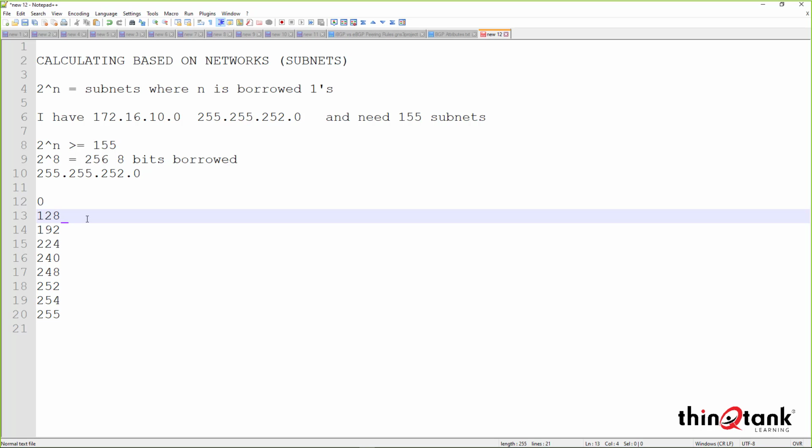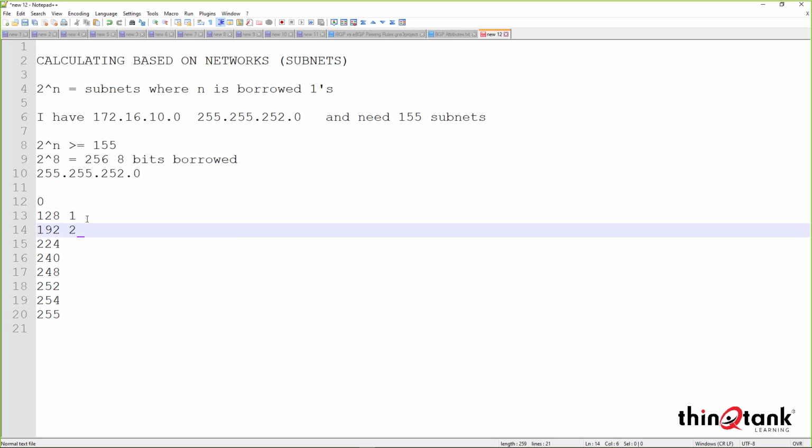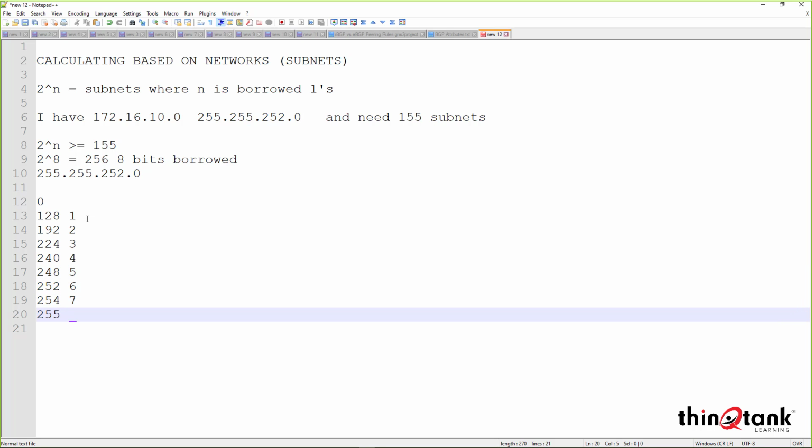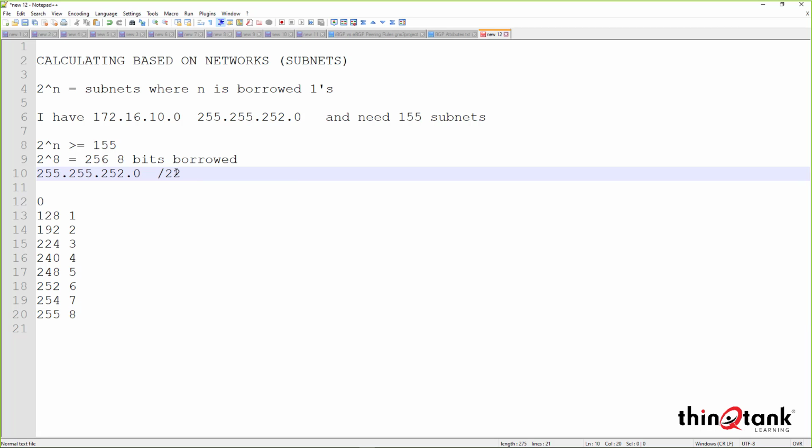This is 1 bit, this is 2 bits, 3 bits, 4 bits, 5 bits, 6 bits, 7 bits, and 8 bits. So this is equivalent to a /22, but we have to add the 8 additional ones, right? Which means our new mask is going to be /30.